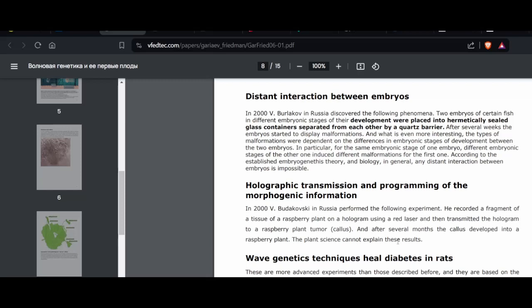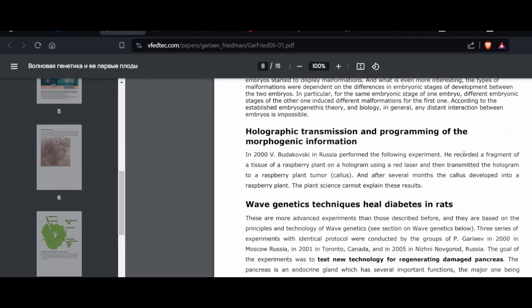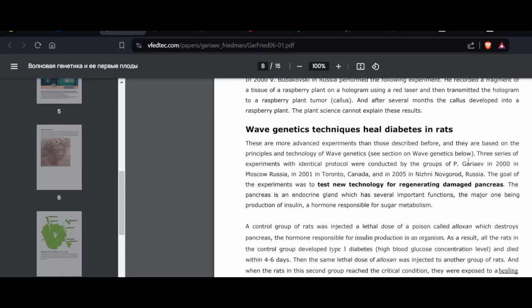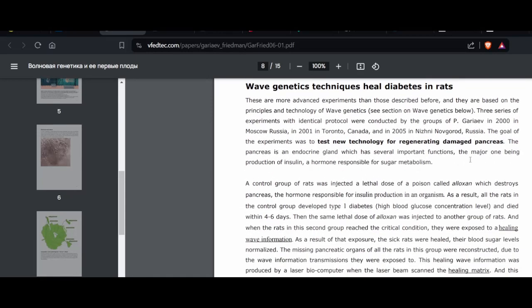And here's something that was really, I think, pretty phenomenal. It was wave genetics healing diabetes in rats. On the screen I just have his paper, and I'm going through this. So they took 2 groups of rats. The control group had a lethal dose of poison administered that destroyed the pancreas, so they developed type 1 diabetes and died within 4 to 6 days. That was your control group.